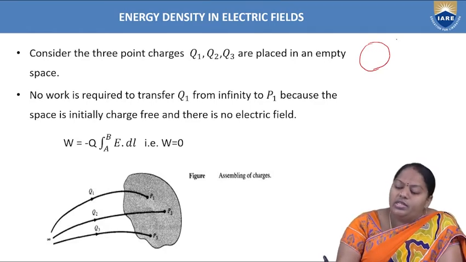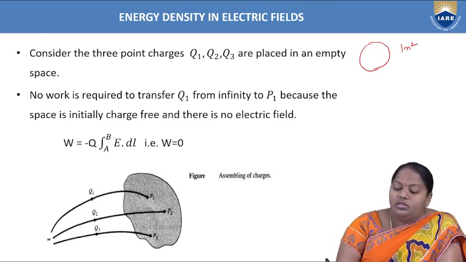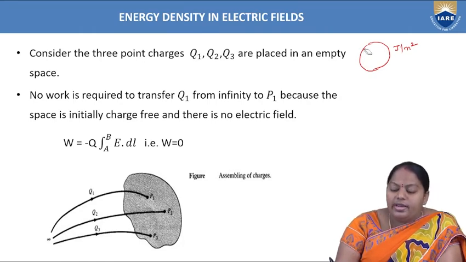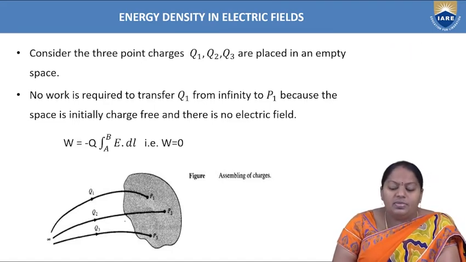So unit area means we have to measure it per meter square, and energy can be measured in joules. So joule per meter square. So energy density is given by energy per unit area.